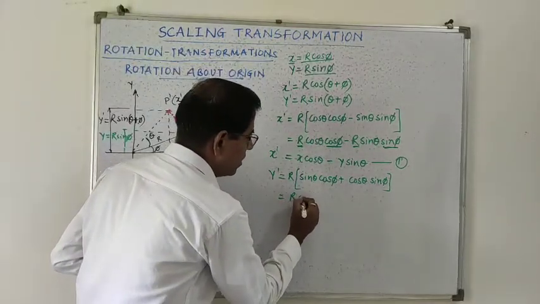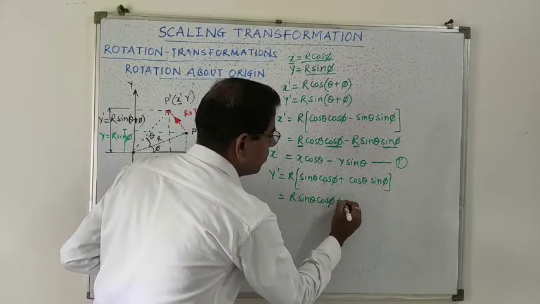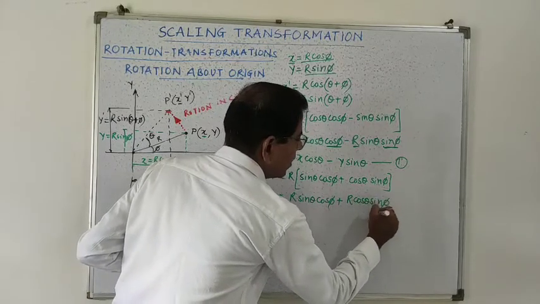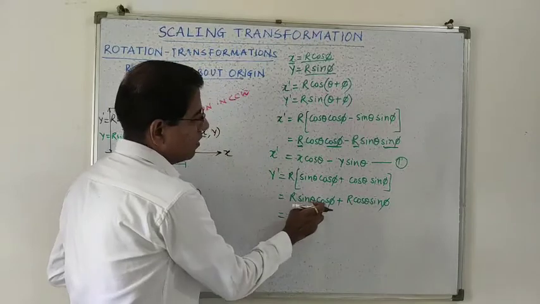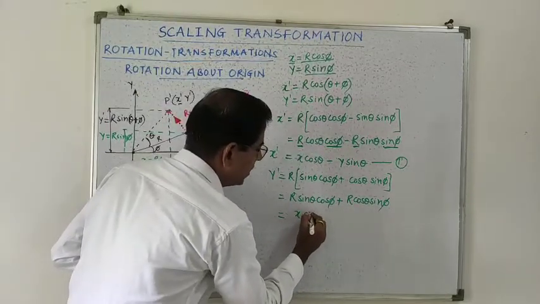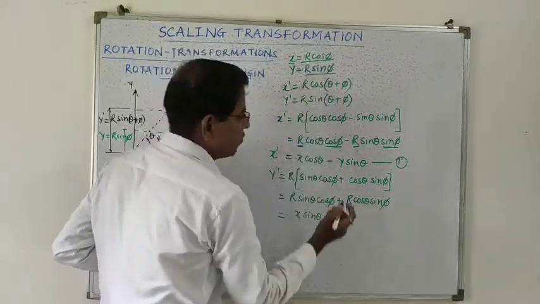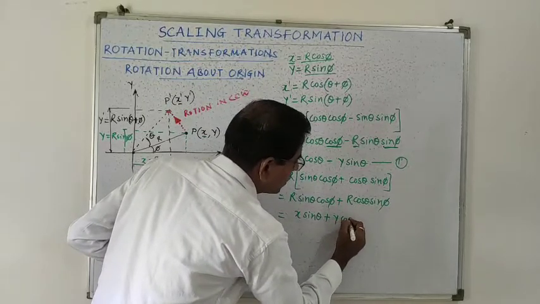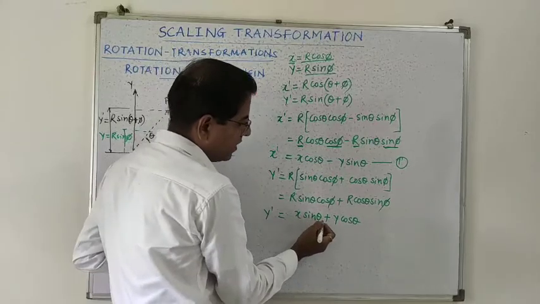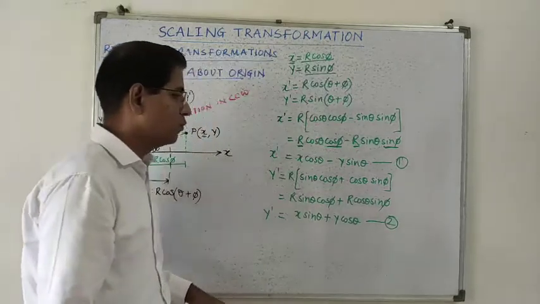This is r sin theta cos phi plus r cos theta sin phi. Now r cos phi is what? X. So x sin theta plus r sin phi is y, so y cos theta. So y dash is equal to x sin theta plus y cos theta. This is equation number 2.